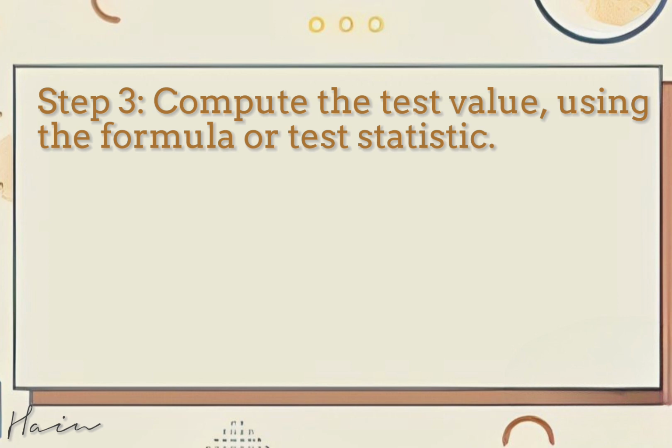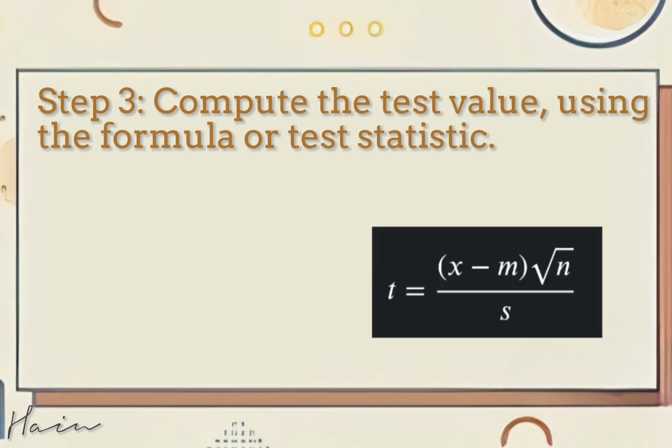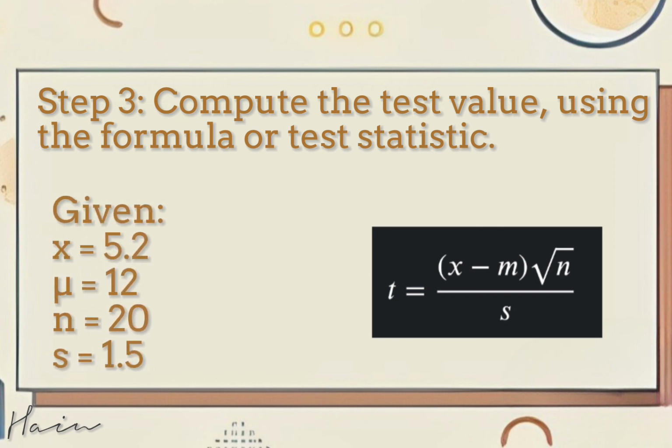Step 3. Compute the test value using the formula or test statistic. We will use the formula t is equal to x bar minus mu multiplied by the square root of n divided by s, where the mean of the sample is 5.2, the mean of the population is 12, the sample size is 20, and the sample standard deviation is 1.5.